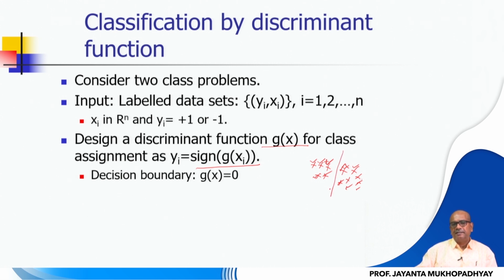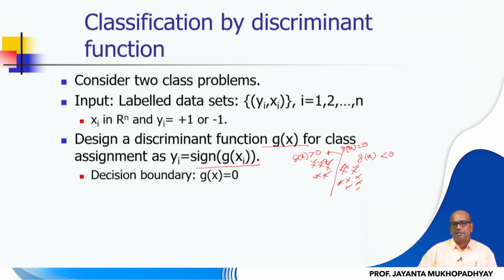Actually g(x) equals 0 is the decision boundary, because one side would be g(x) greater than 0, the other side is g(x) less than 0, and this is g(x) equal to 0. So this is the decision boundary.